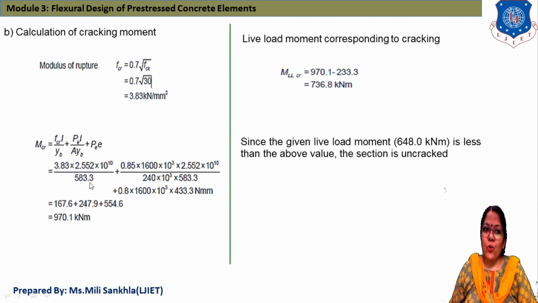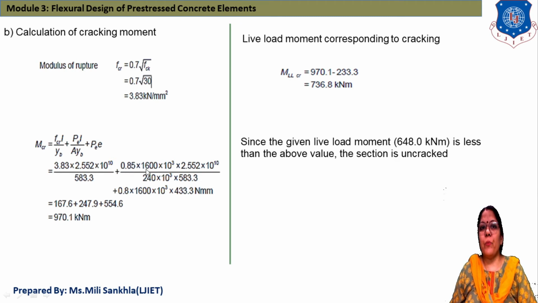I we found as 2.55 into 10 raised to 10, and yb is equal to our bottom centroid distance, that is 583.3, plus the effective force Pe, that is equal to 0.85 into P. 0.85, because here we consider 15% losses, 100 minus 15 is equal to 85. So here we find the effective stress, that is 85%.